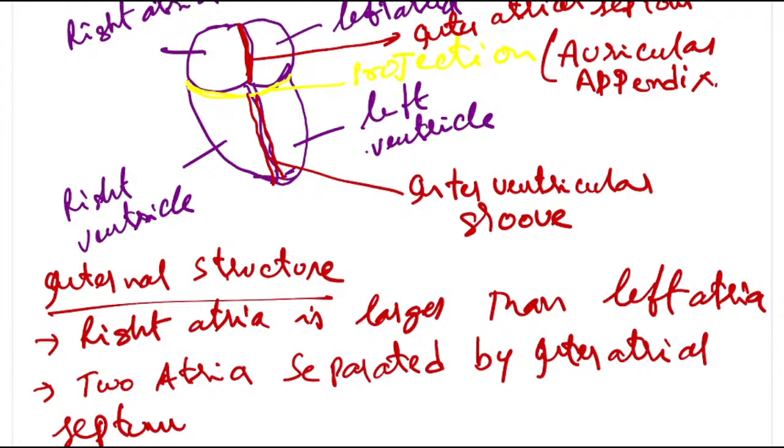The foramen ovale is useful for transfer of blood from the right atrium to the left atrium during the embryonic stage.